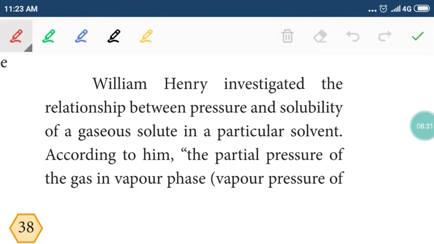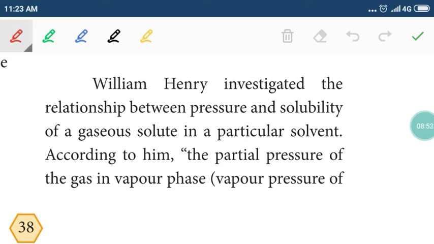The scientist Henry investigated many solutions, particularly gases dissolved in liquid solvents, and he found that the partial pressure of a gas is directly proportional to the mole fraction of the gas in that solution. For every gaseous molecule there is a pressure.